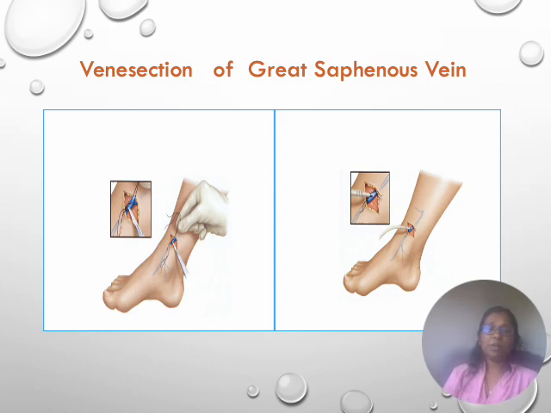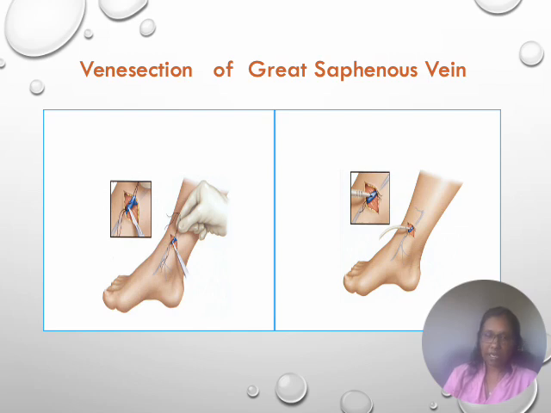But in emergency conditions like burns, where the veins of the entire body are collapsed and cannot be accessed, we turn to the great saphenous vein for venesection to administer the intravenous fluids. The point at which it can be easily accessed is where it passes right in front of the medial malleolus.